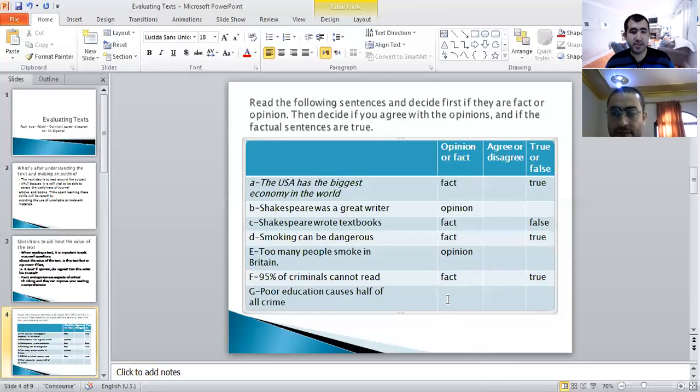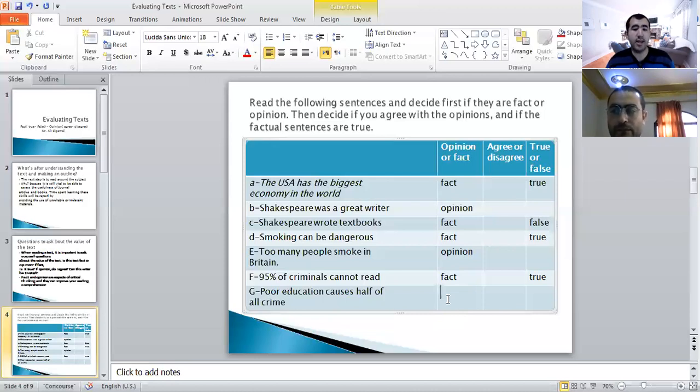If I remove the 95% and just say criminals cannot read, I think criminals cannot read, this becomes an opinion, not a fact, because people can agree and disagree.